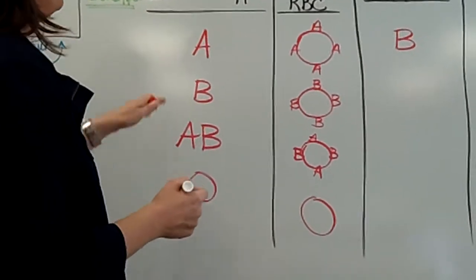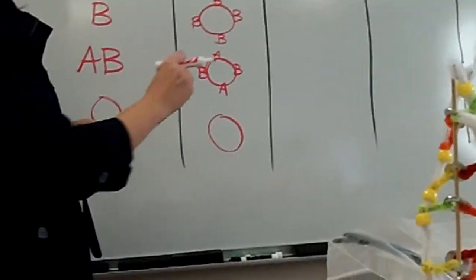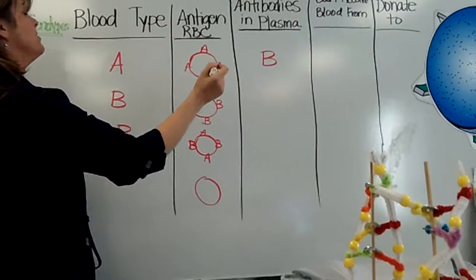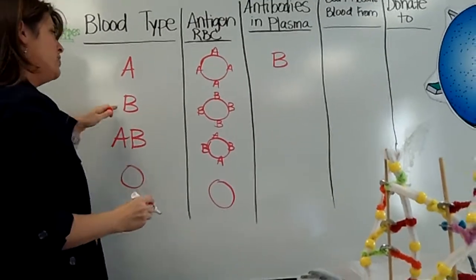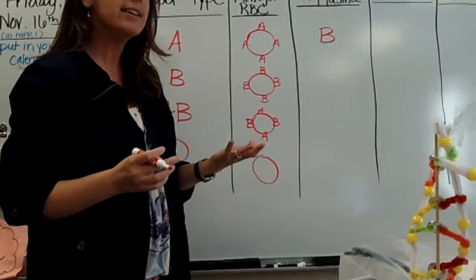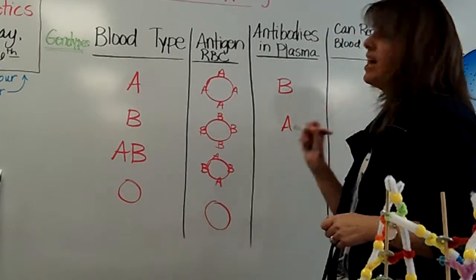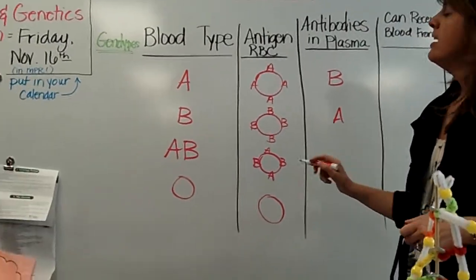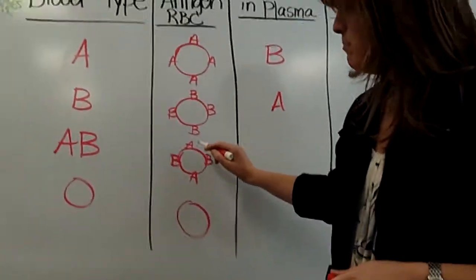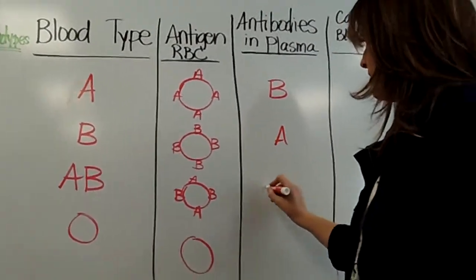All right, so just like I was talking about over here with the antibodies in your plasma, if you have type A blood, well, then you're going to make antibodies against B. If you have type B blood, then hopefully you might be able to guess this, you would make antibodies against A. If you have type AB blood, and there's little A's and B's on your red blood cells, then you do not make any antibodies.